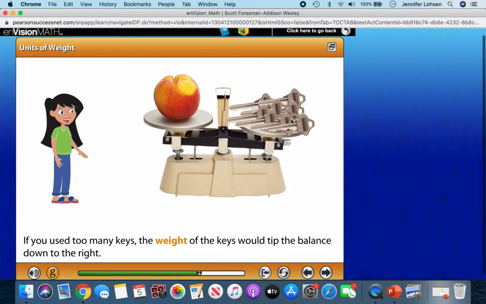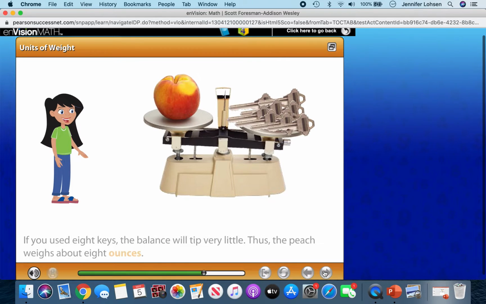So notice how now they have too many keys on the pan balance on this side. So the peach is actually higher than the keys. The overall weight of these keys is greater than the overall weight of that one peach. If you used 8 keys, the balance will tip very little. Thus, the peach weighs about 8 ounces.